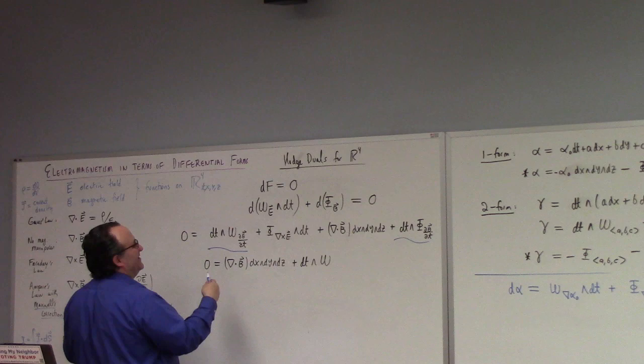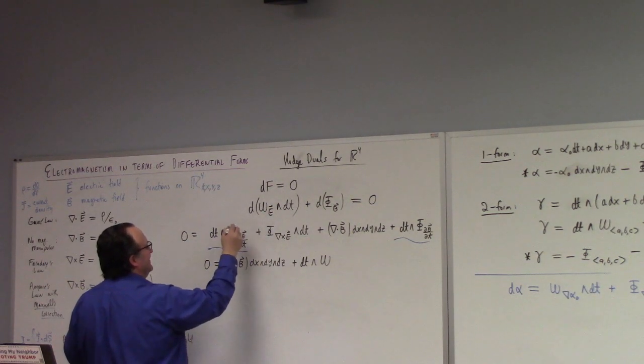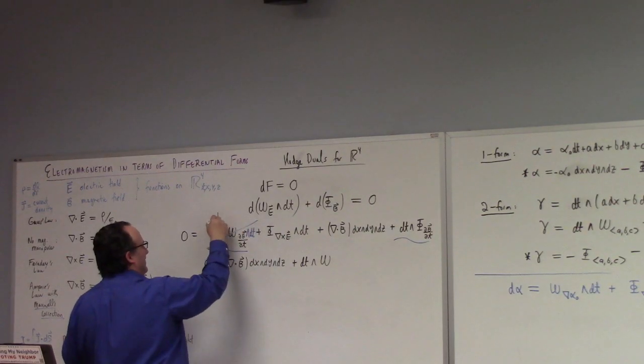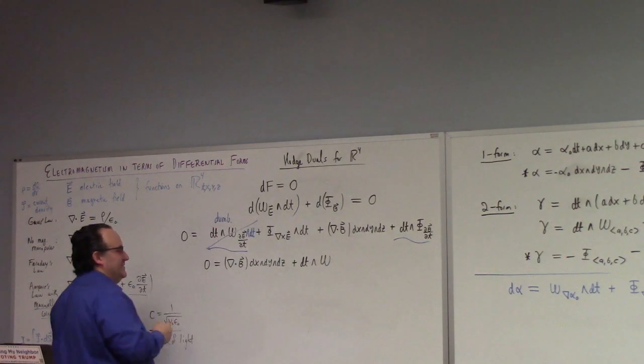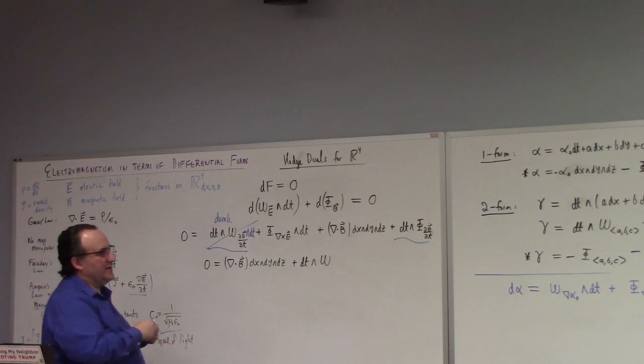That's not there. If I differentiate this with respect to time, I've got a dt. This is wedge with dt. This is dumb. That's not even there. Idiot. Me, not you.